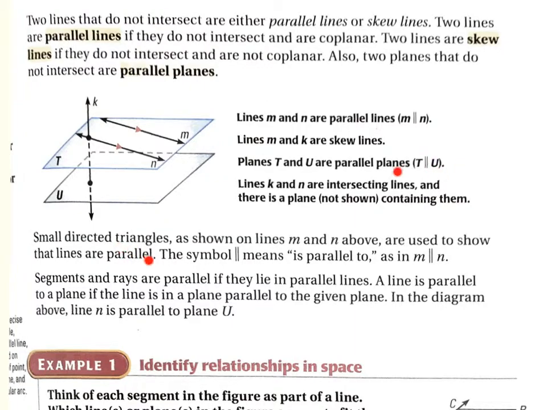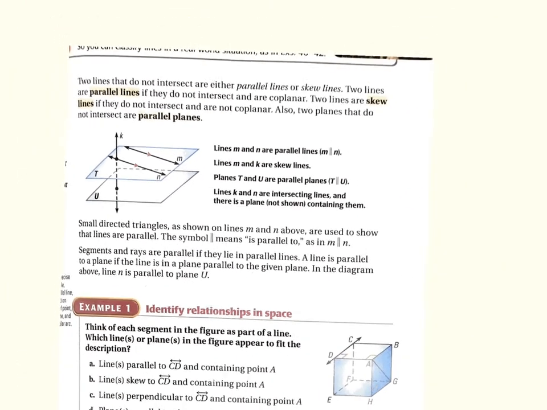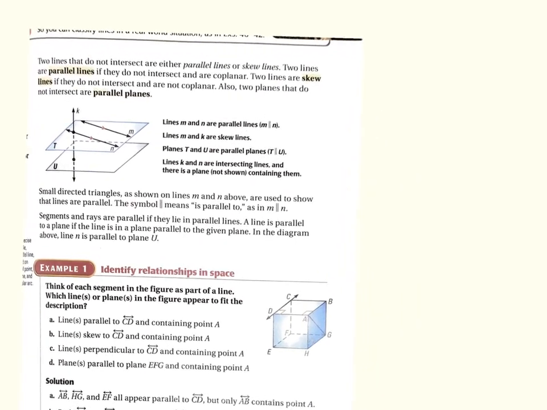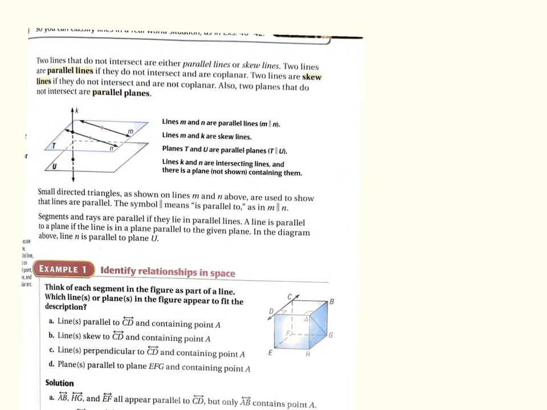Whenever you're doing the symbol for parallel, if you were drawing these out yourself, if you had two lines like this, and you want to symbolize that they are parallel, you can just make these little arrows in the middle of the line.